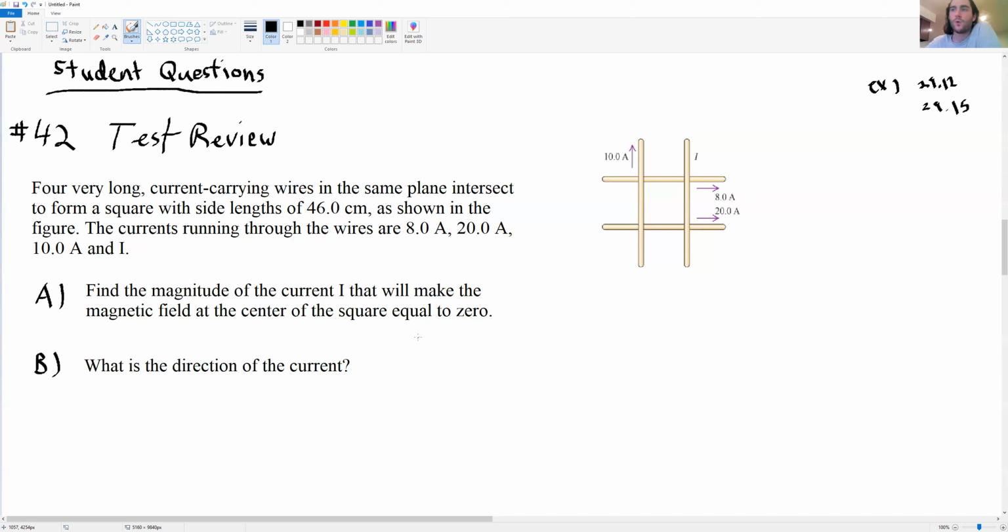And then we can adjust the current I so that that magnetic field will be 0, right? Mm-hmm. So let's take a look at it here. What is the magnetic field of a current carrying wire at a distance, let's say away from the wire, a distance r?